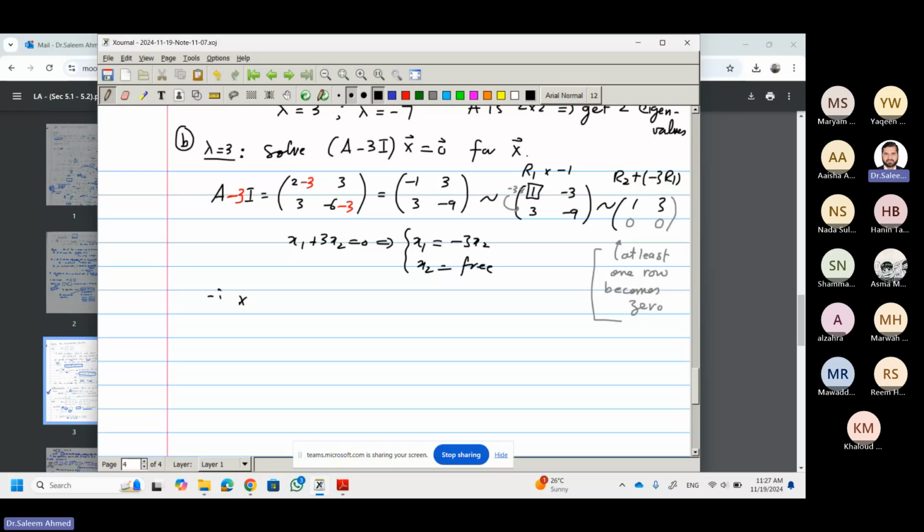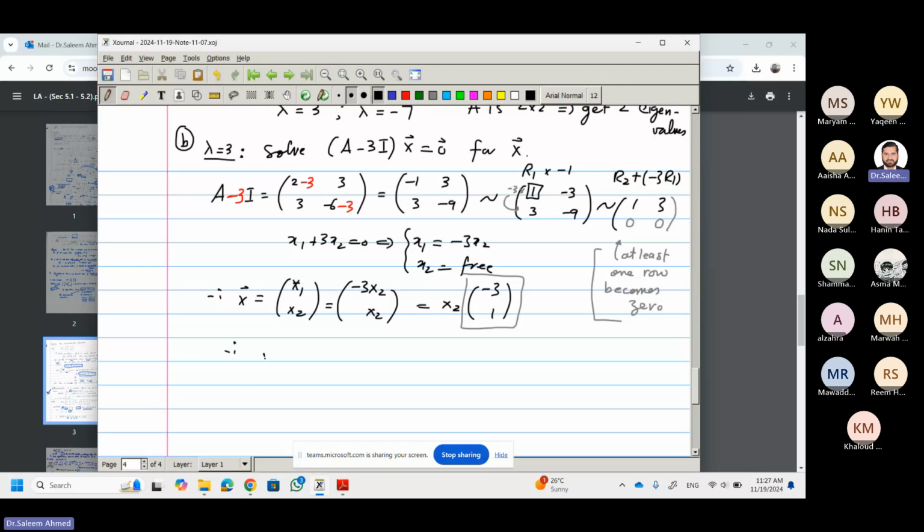So therefore, my vector x becomes x1, x2. We studied in 1.5 how to write the vector form of the solution. So we write x1, x2, and then we take x2 as common. So we get minus 3, 1. And we only pick this one for the vector, and we call it v1.